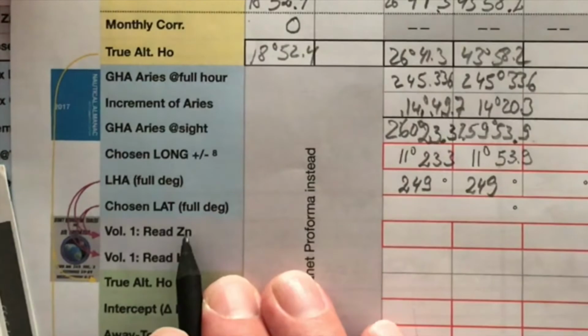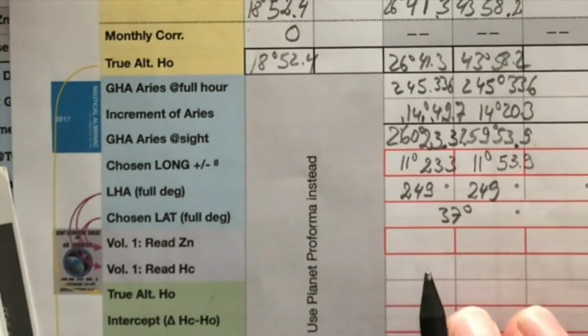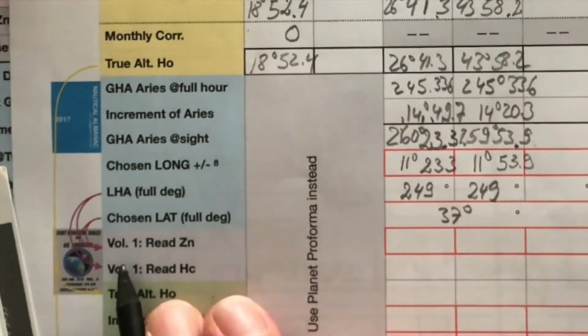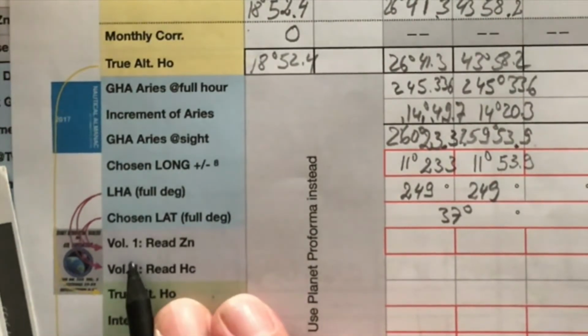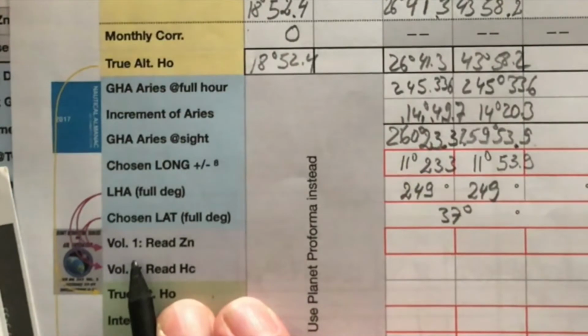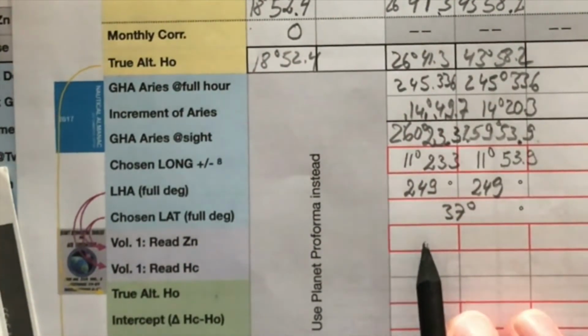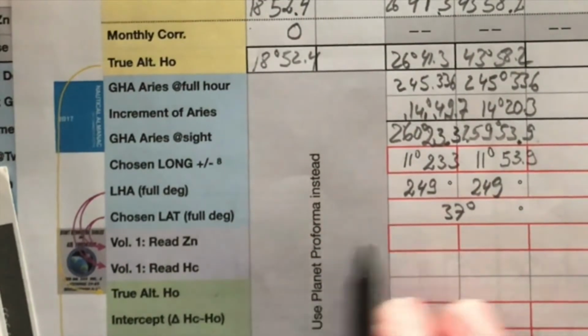So now we want to choose our latitude for the morning. We've done that many times again. It is 37 degrees. Now we go into the volume 1 of our sight reduction table. Volume 1 is about the stars. And we will look up these stars and what ZN and what HC they have.